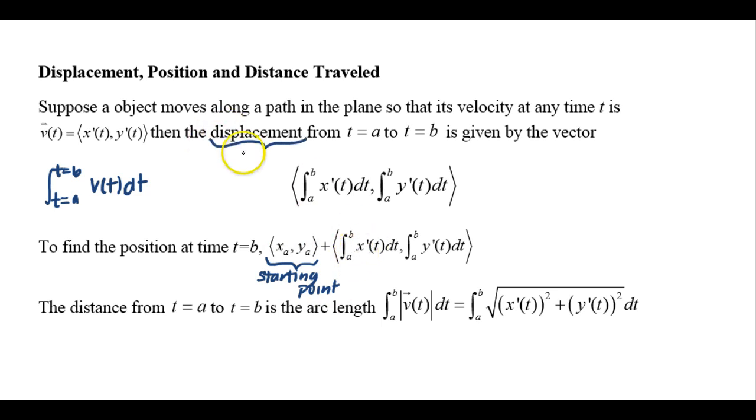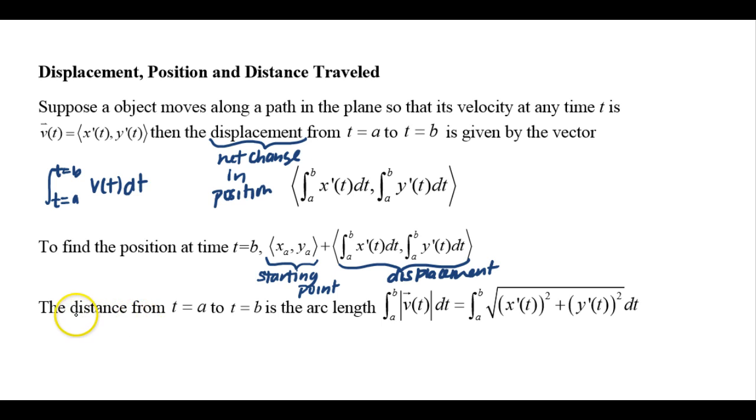So that is, again, a review concept. So displacement is my net change in position. So we have my starting point plus my displacement. If I add those two together, then I'll figure out my position at my ending time, my time b.